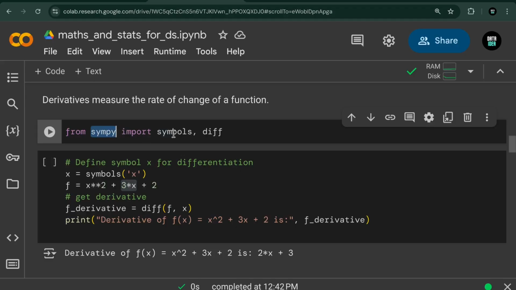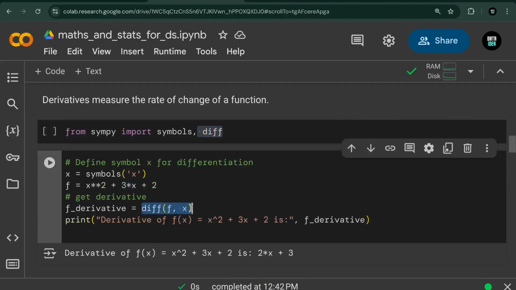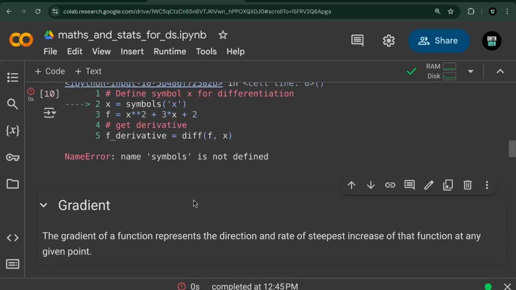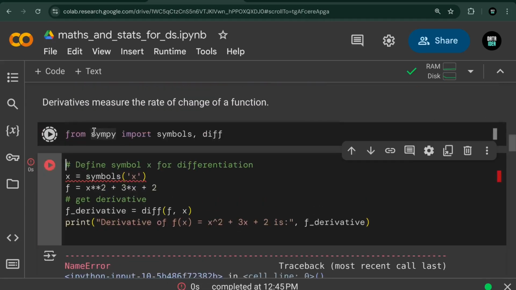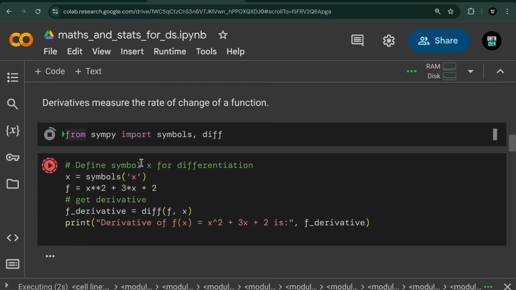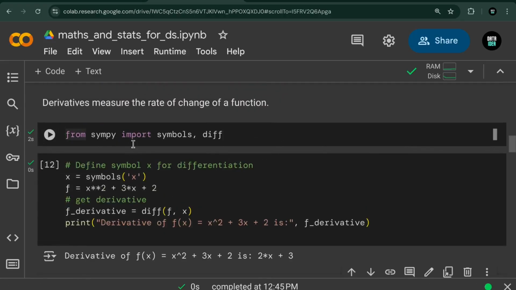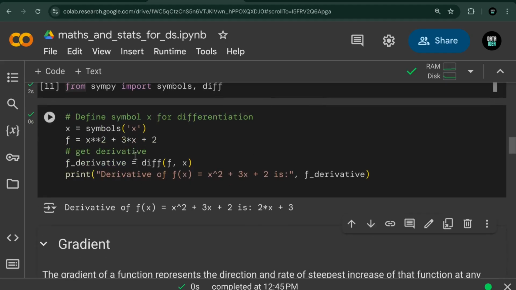It's a library that has some stuff to do with calculus, and to get the derivative I just use a method from that called diff, to get the derivative of a function f with respect to x. Let me first run this and then I talk about what this derivative means further. Okay, so let's first import our diff and symbols.